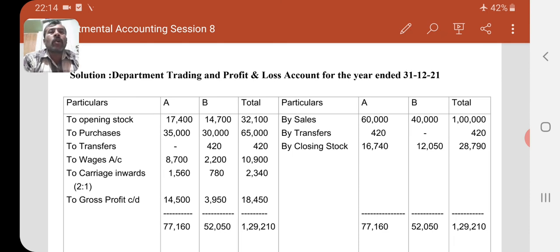From the credit column total, the debit column total has been deducted. Whatever balance amount is available will be treated as the gross profit. Here for Department A, gross profit is 14,500, and for Department B, gross profit is 3,950. Total gross profit to the firm is 18,450.